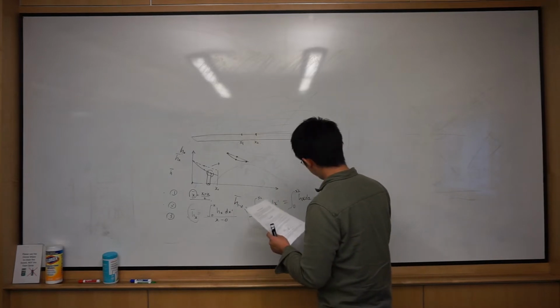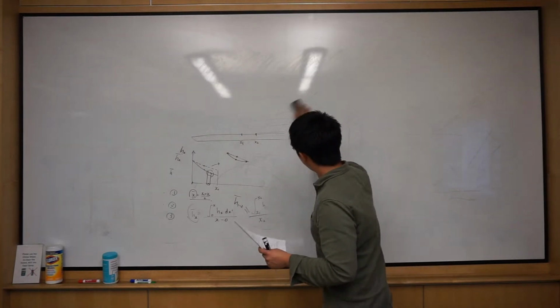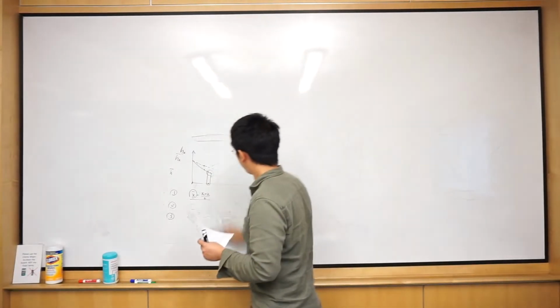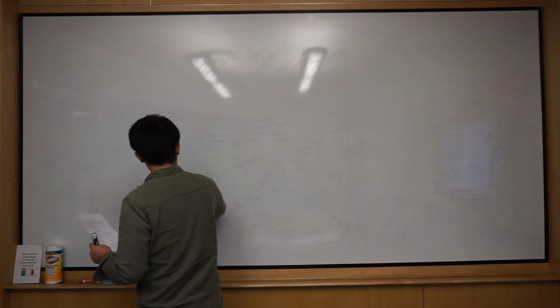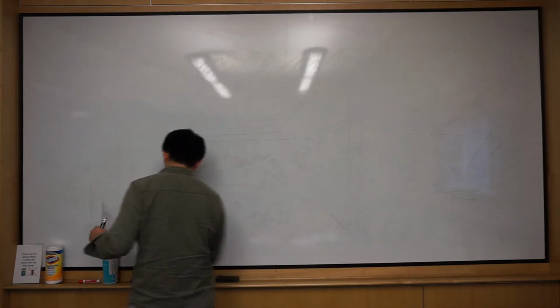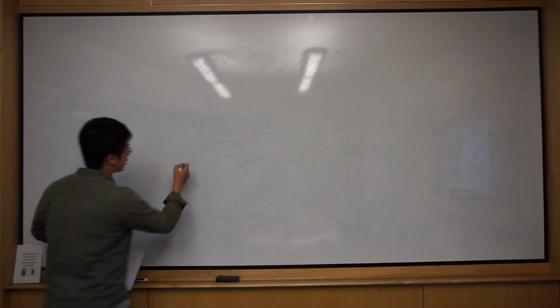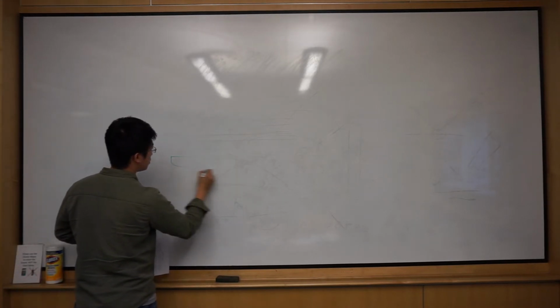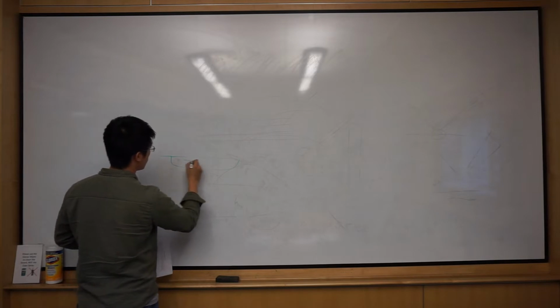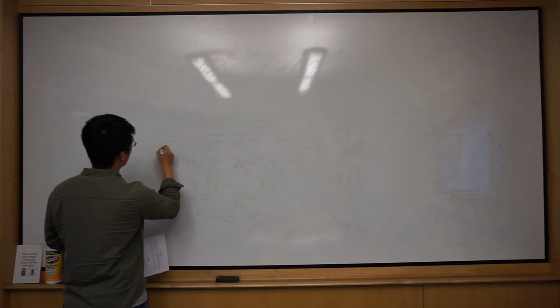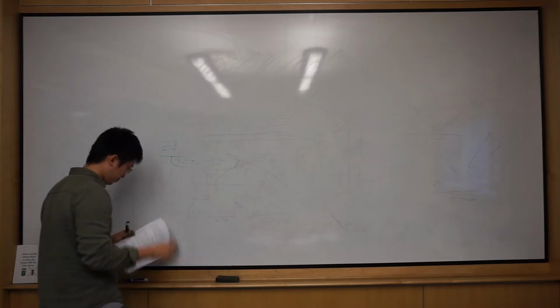So the third one is a mass transfer problem. So we tell you, okay, here's a pool filled with water. We have wind blowing here.